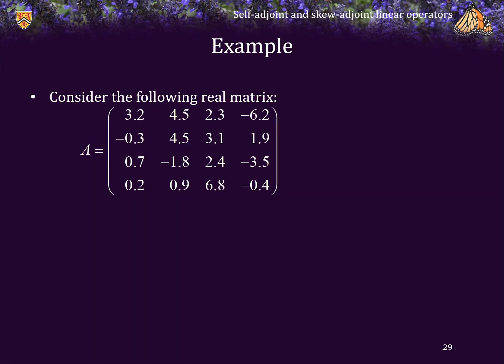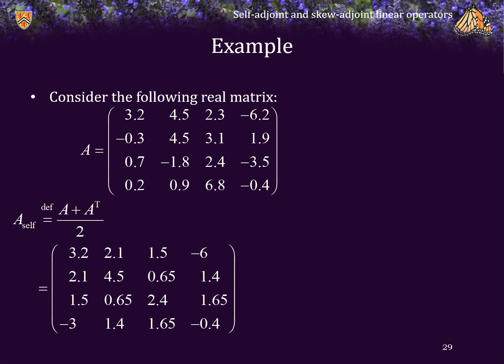To show this theorem in action, consider the following real matrix. Now, for a real matrix, the adjoint of the matrix is the transpose. Consequently, to get the self-adjoint or symmetric component of the matrix, we just add A plus A transpose all over 2. So with that calculation, we get this matrix here, which we see is indeed symmetric.